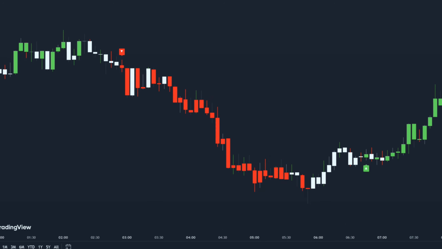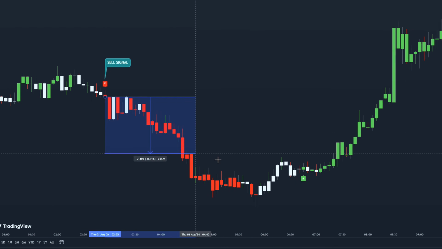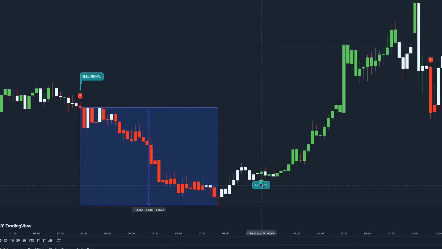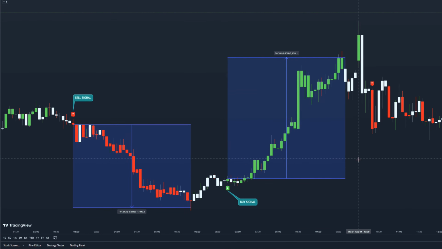The Algo Alpha Trend Strength Signals indicator is a great tool, but it's not without its limitations. You may have encountered false signals during ranging markets or counter trend signals like the examples shown.